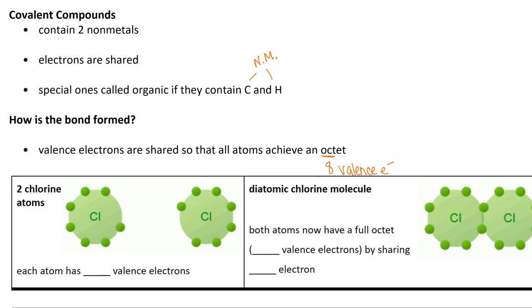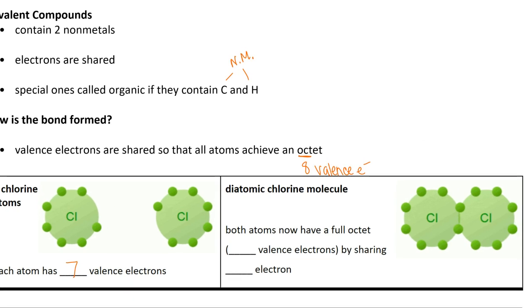So let's break down what's going on here. When we start off, each individual atom has 7 valence electrons. Well, that's not the octet that they want, okay? So when they bond, when they share, right here in the middle is the important part. This is where the bond is formed. Once they are bonded, they each have a full octet. Remember, that means 8 valence electrons.